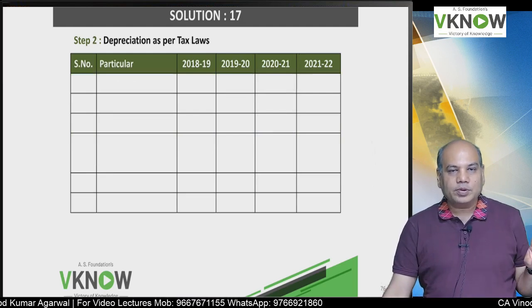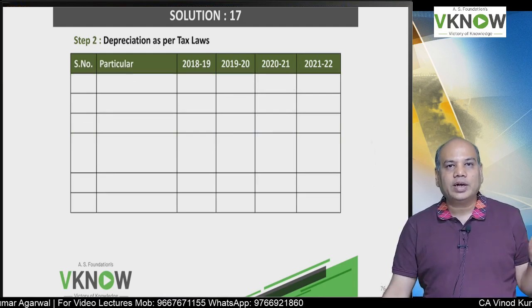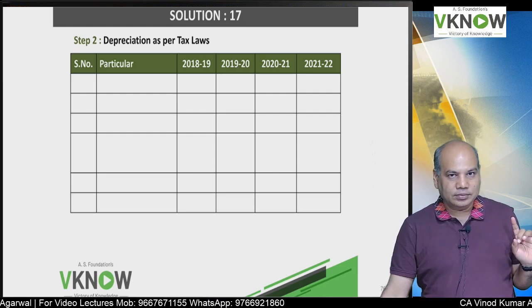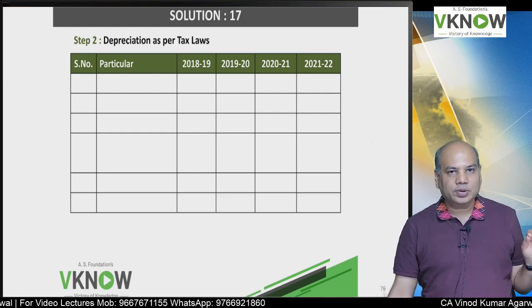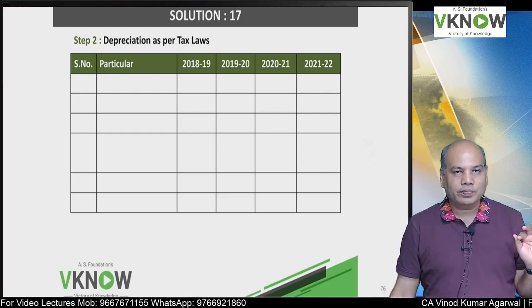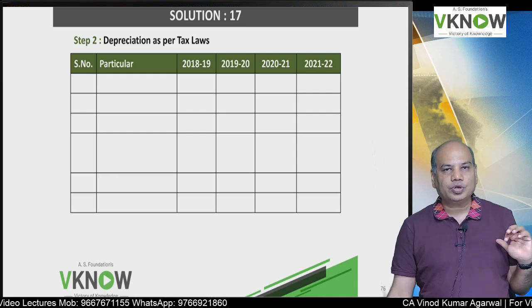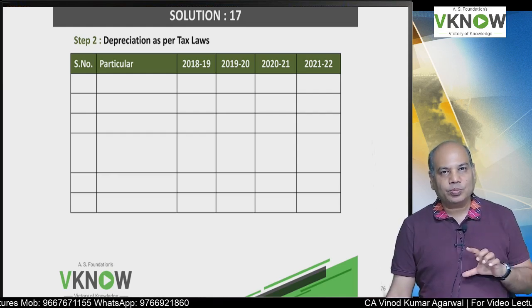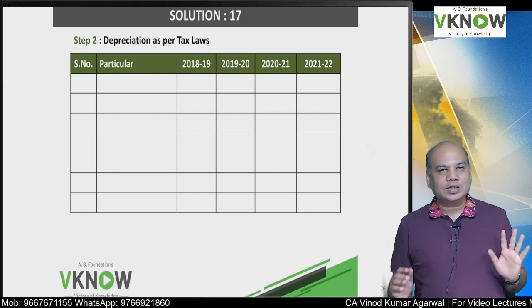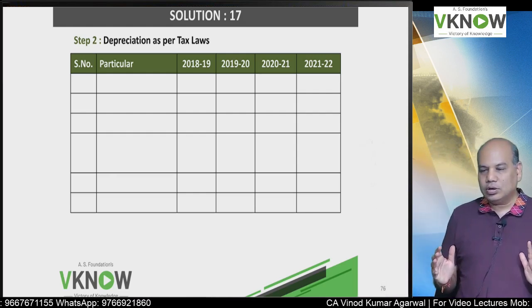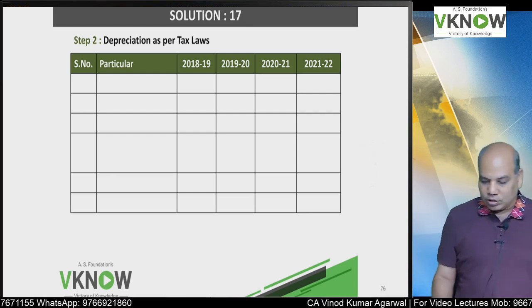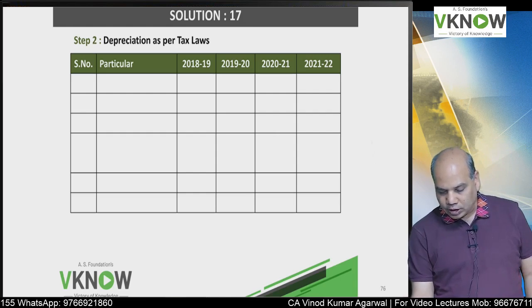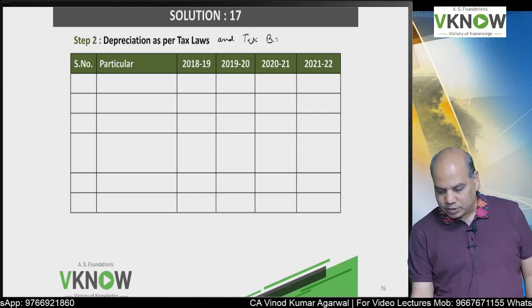For current tax purpose, depreciation allowed by tax law will be taken. For current tax, depreciation as per tax law, and for deferred tax computation, I will require tax base. So both will be computed in this second working note: depreciation as per tax law and tax base. This will serve both the purpose.